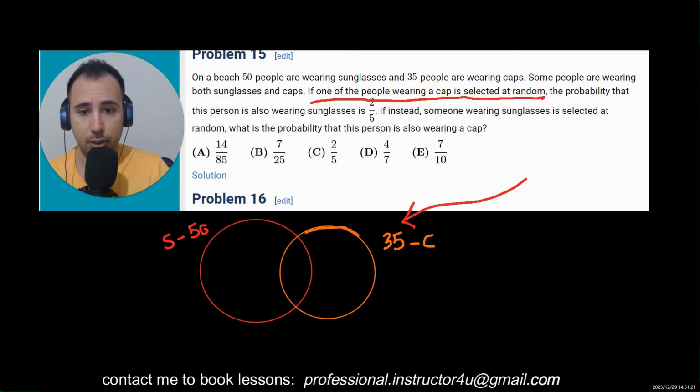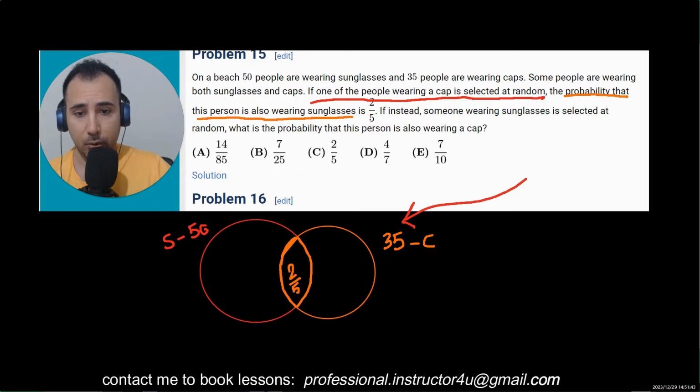If we choose a person from these 35 people, the probability that the person is also wearing sunglasses, that means this part, is 2/5. What does that mean? If we say the orange is all of something, then this middle part is 2/5 of all.